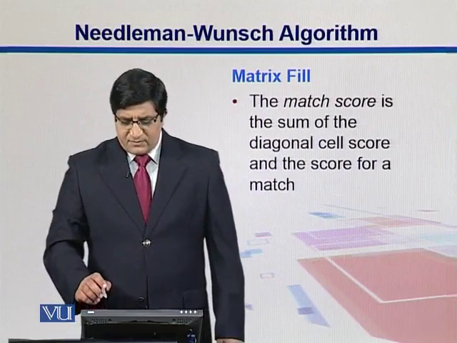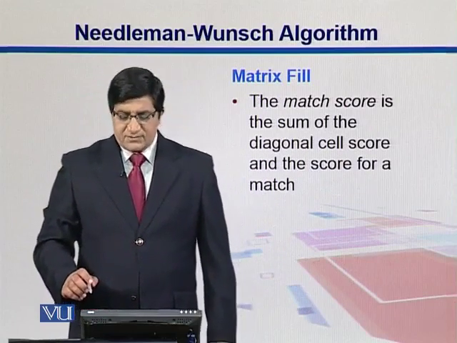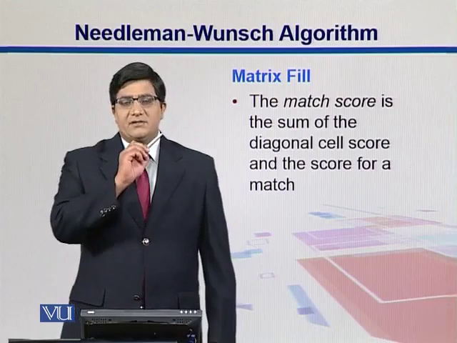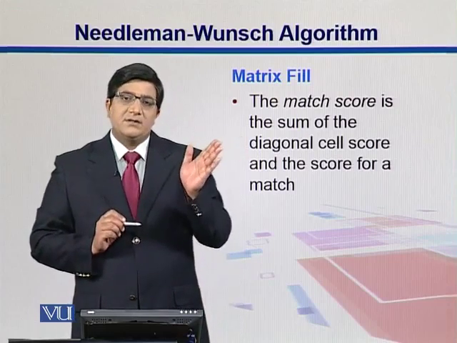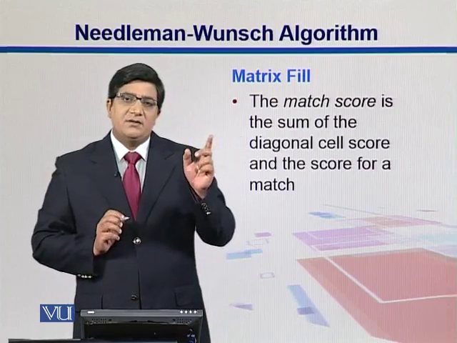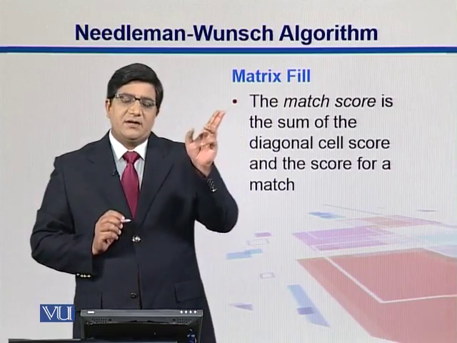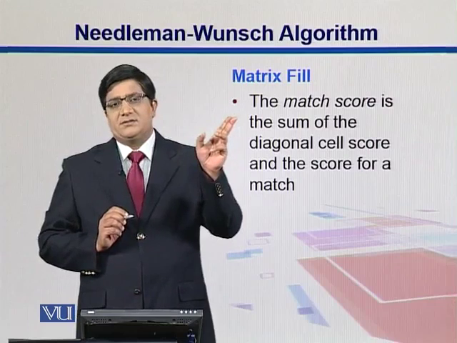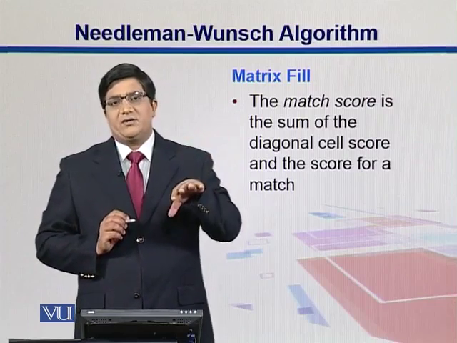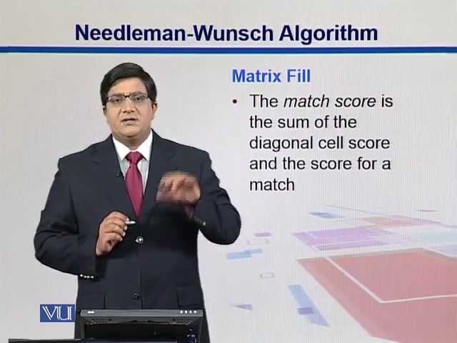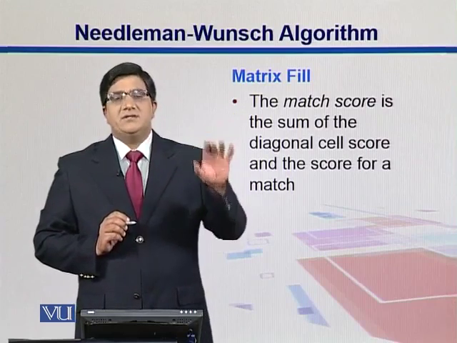So the match score is the sum of diagonal cell score and the score for the match. So from the previous section we are moving from the cells in the diagonals, the last location. For example, right now we are at I and J, so it will be I -1, J -1.